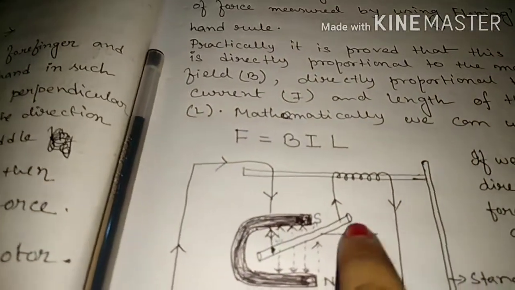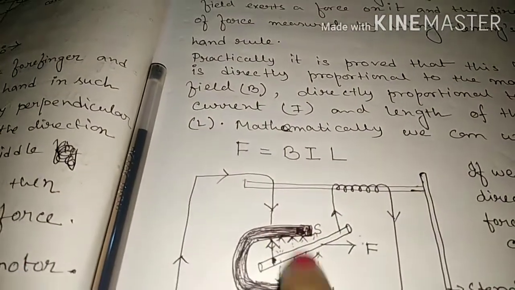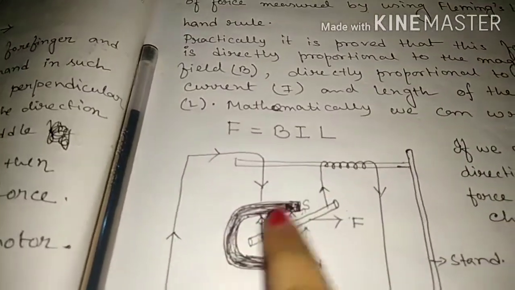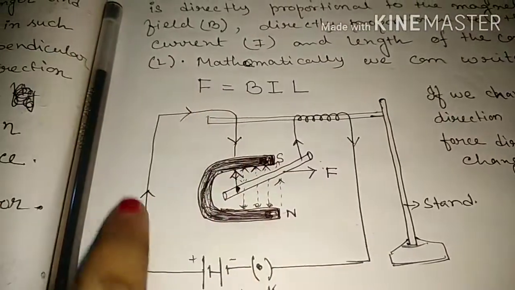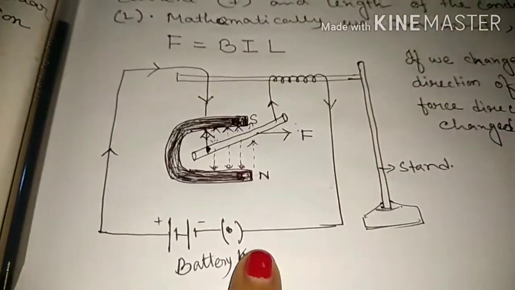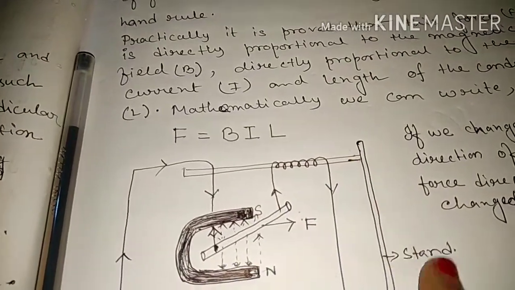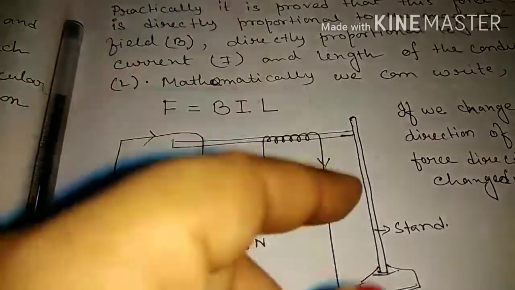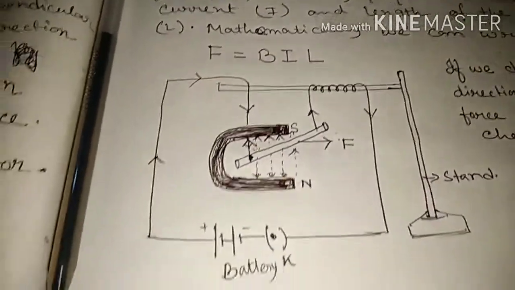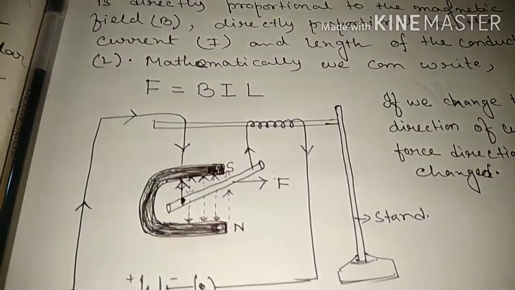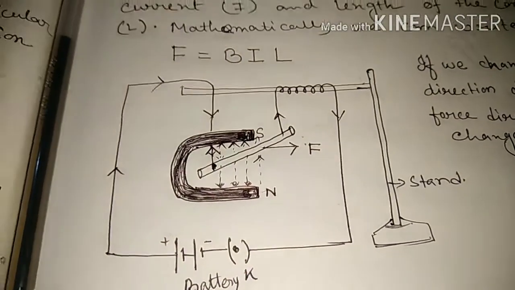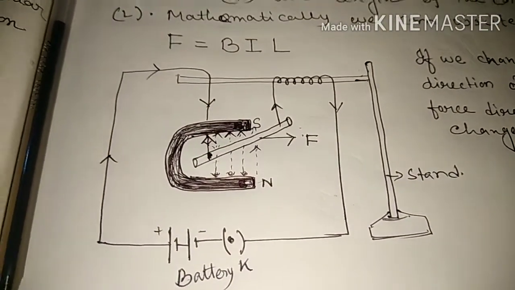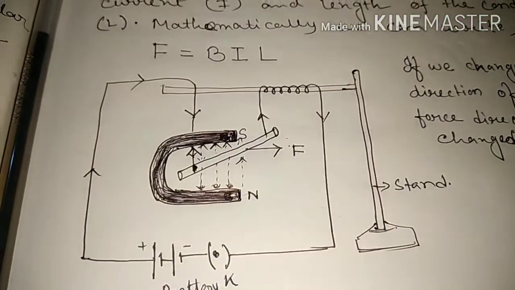This conductor is connected with a wire at its two ends, and that wire is connected through a battery and a key. This stand is also used for holding it properly. What we see is that when the key or switch is closed, the current starts flowing through this circuit, positive to negative.